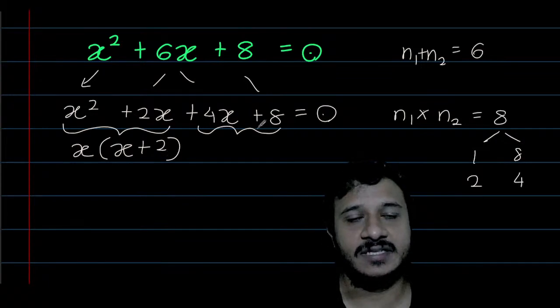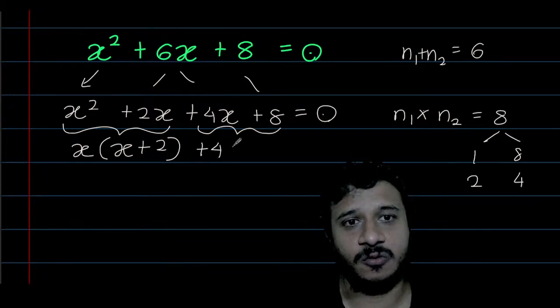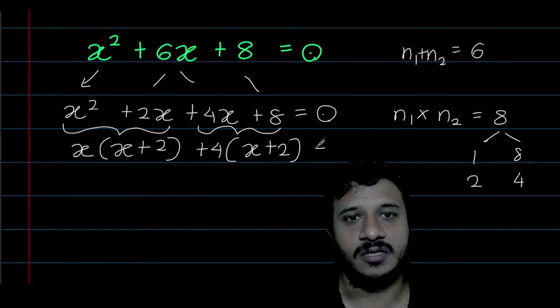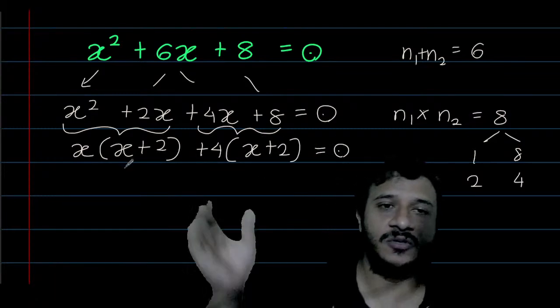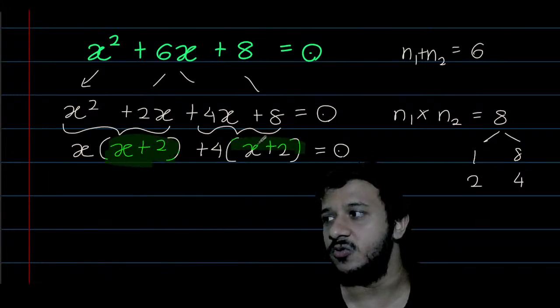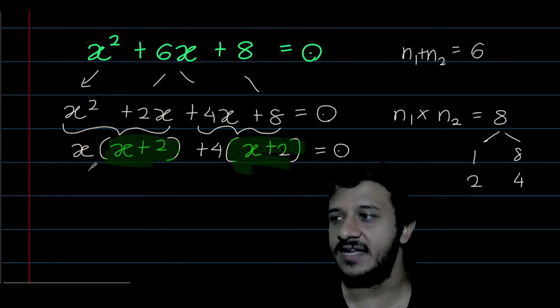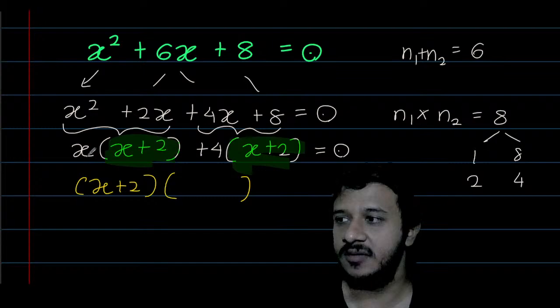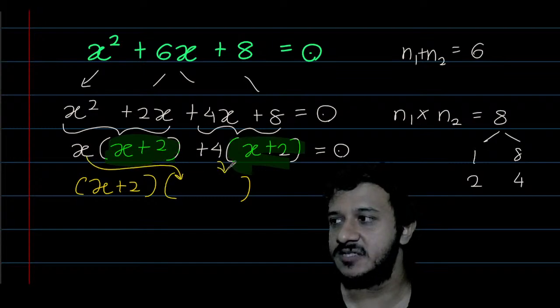Between 4x and 8, you can take a positive 4 out, and that will also give you x plus 2, and that's equal to 0. So now we can see common factors. We can take those two common factors out, and that will give us x plus 2 here, and the non-bracket parts, which are this x and this plus 4, will come down.